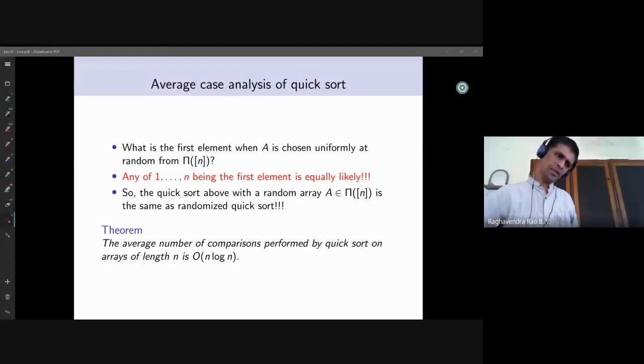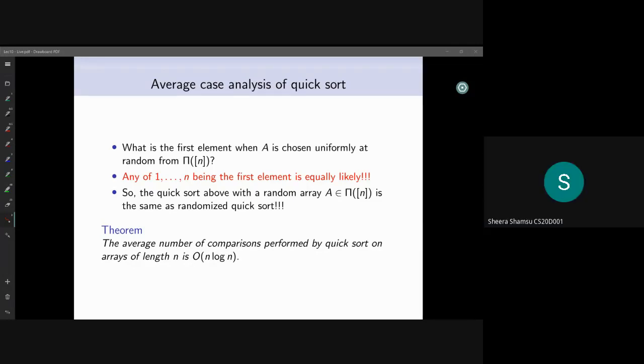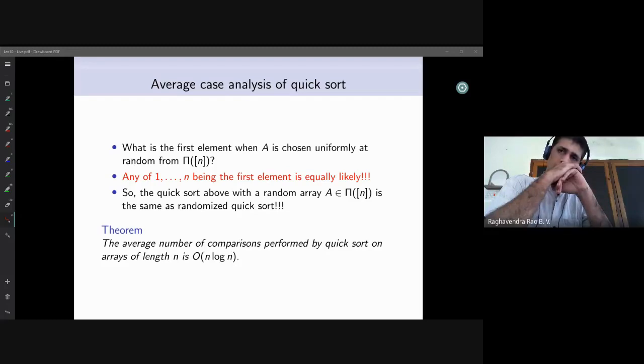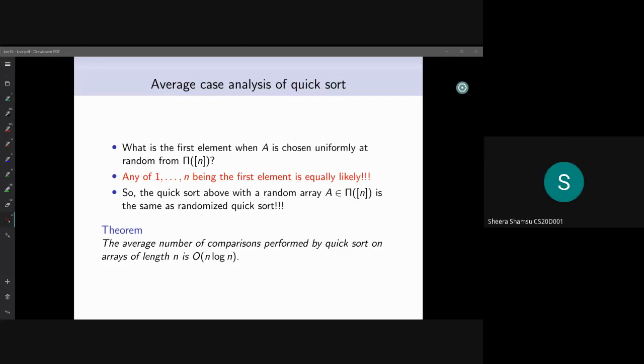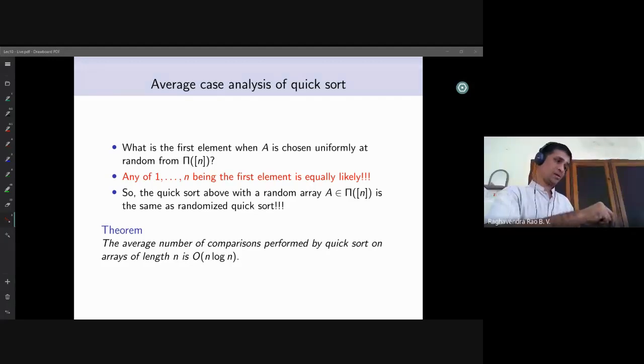Can you repeat the question? You said a fixed input, right? You said an adversary can give as bad as possible input, so it is not a random thing he is giving.